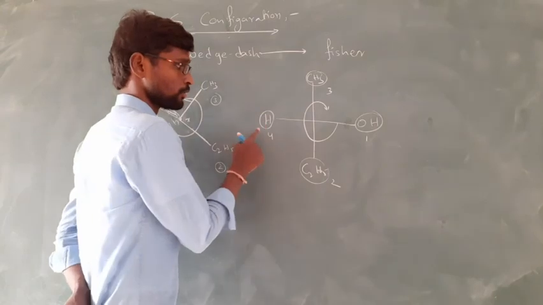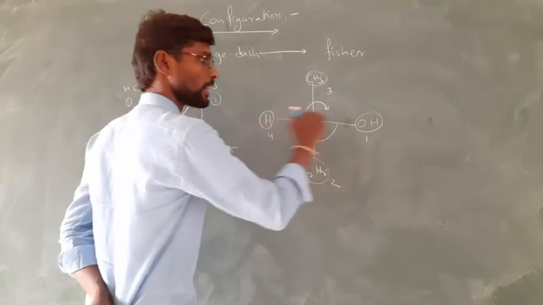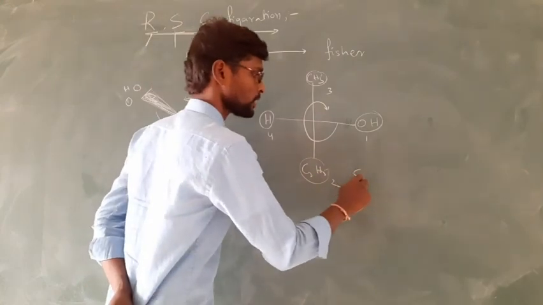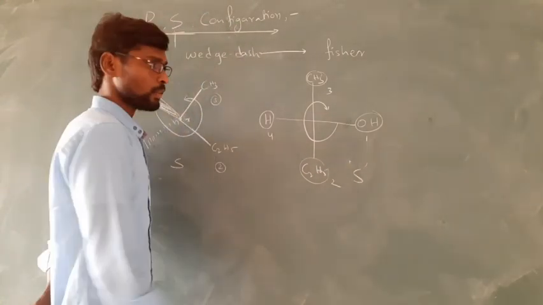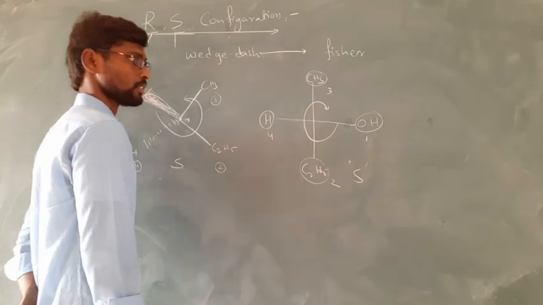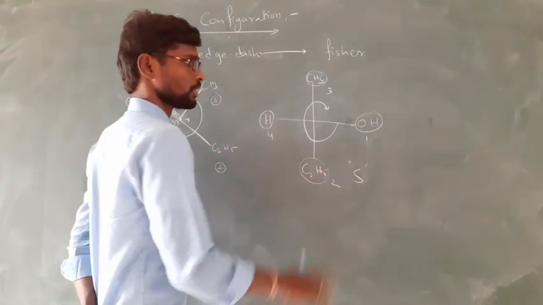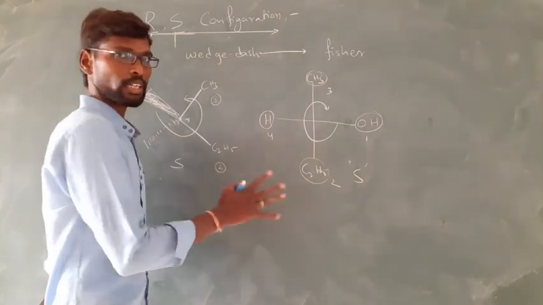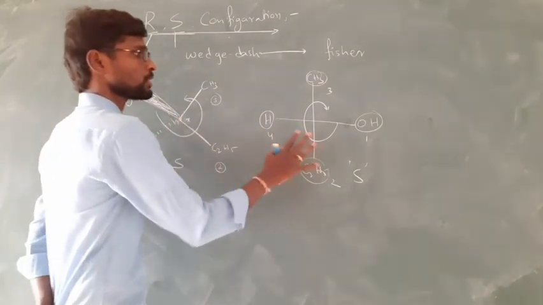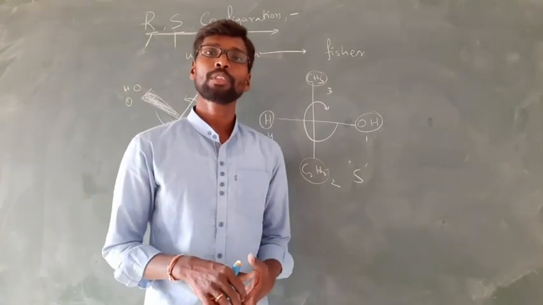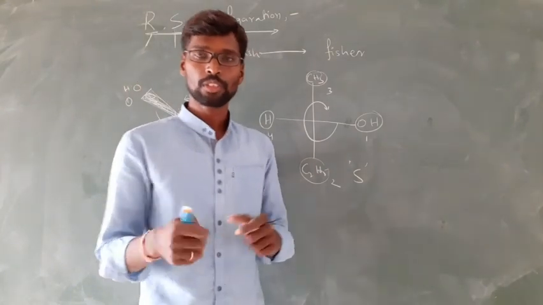We discussed that when the fourth priority group is on the axial line, 1, 2, 3 clockwise will get S configuration. Now we have converted this wedge dash form into the Fischer structure. So this is a simple conversion of wedge to Fischer structure. In the next class we will again observe the conversions, Newman to Fischer structures.